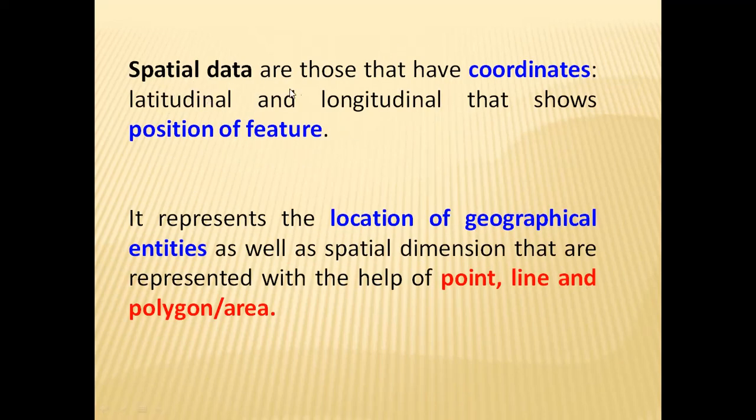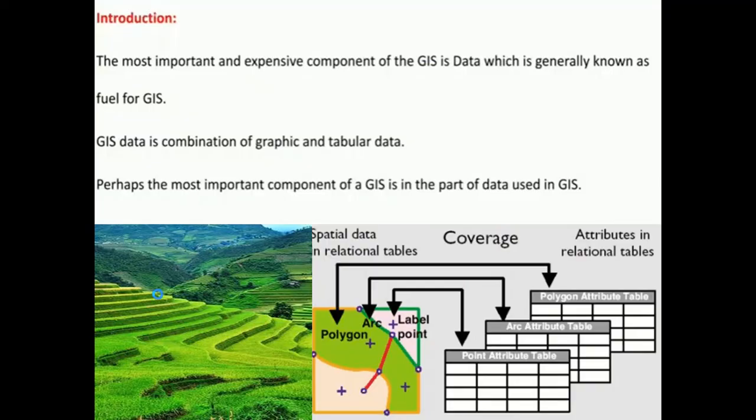Spatial data are those that have coordinates, latitude and longitude, that show the position of the feature. See, this is the agriculture land, spatial data, forest land, spatial data, hill area, spatial data. So it gives the latitude and longitude, the exact location on the earth surface. Spatial data always gives the location of the feature on the earth surface.